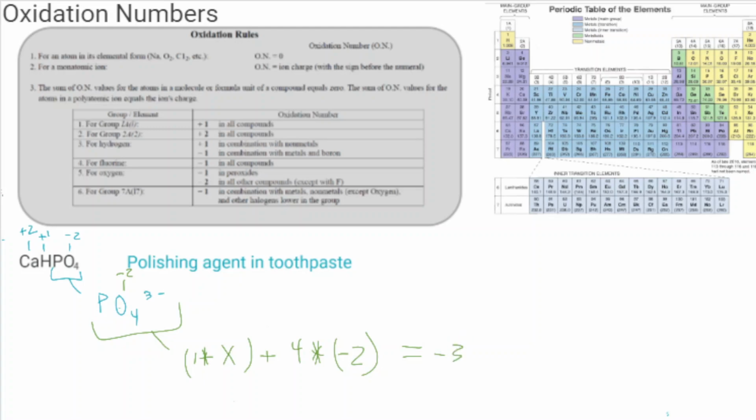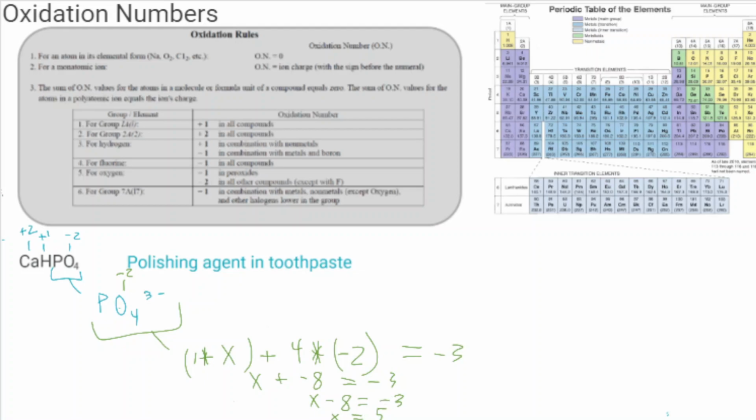And so now we can solve this algebraic equation. We'll have 1 times x giving us x. We'll have 4 times -2 giving us -8. That needs to be equal to -3. So x minus 8 is equal to -3. Then we can bring 8 over by adding 8 to both sides, and x is equal to 5, or +5.